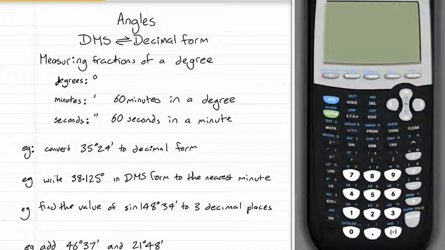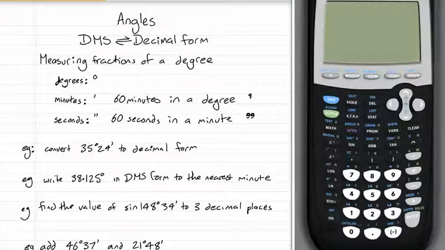The minutes sign is a single apostrophe, and the seconds sign is a double one, like quotation marks. Usually in this course we only ever use degrees and minutes. If there are seconds, we'll round.